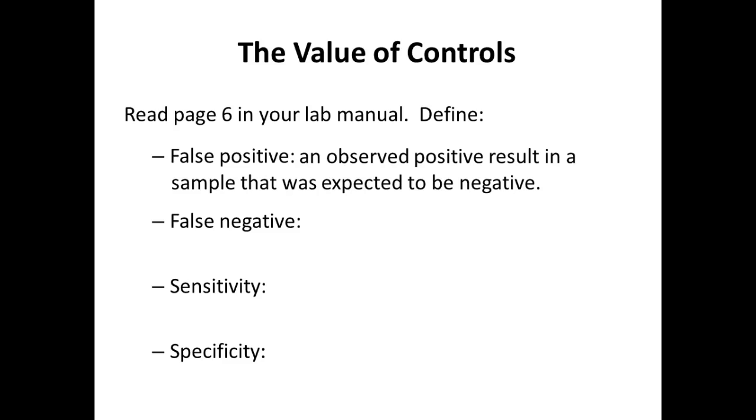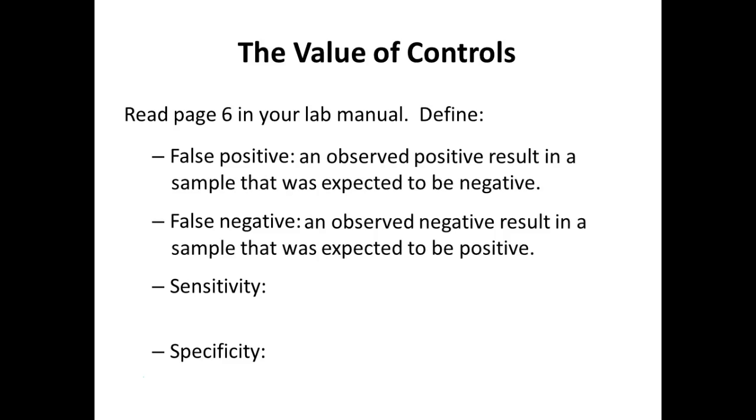So probably the easiest test that most people are aware of to help you understand this concept of false positive and false negative results is pregnancy tests. So, false negative, as it implies, is where the result is negative when in fact you expected a positive result.